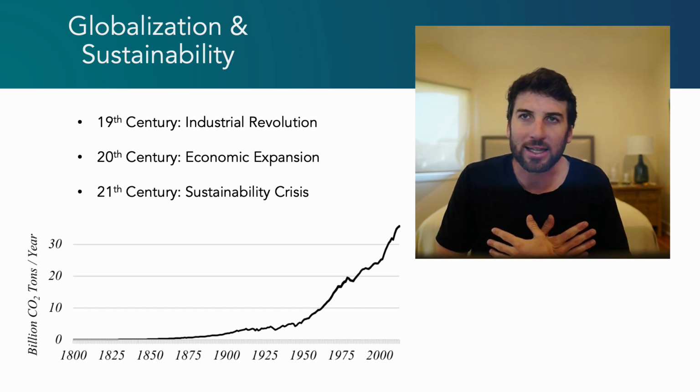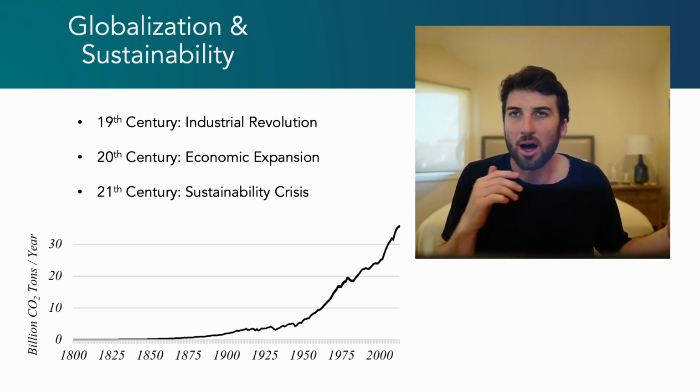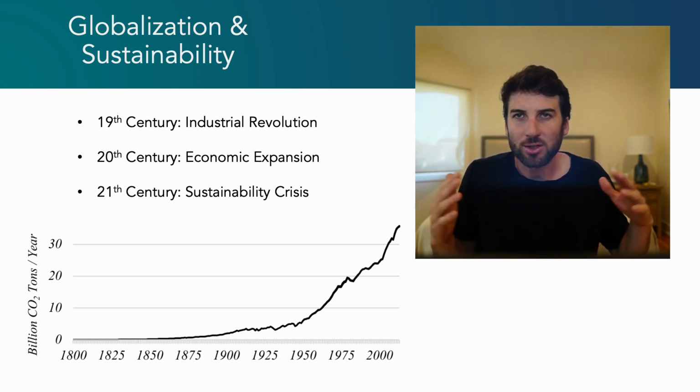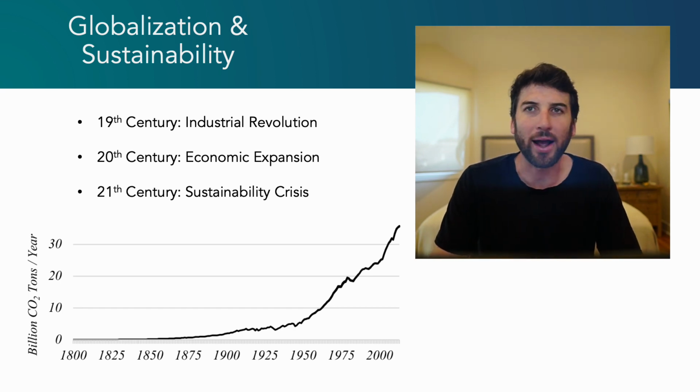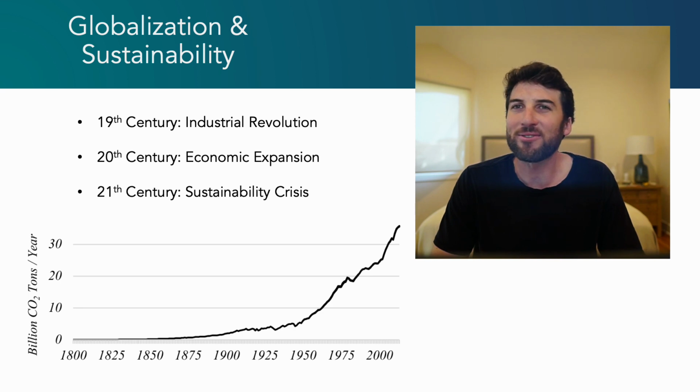And this really led to an expansion of commerce, being able to go across the whole world. And the 20th century saw a lot more economic expansion, a lot more growth, a huge population growth. A lot of this was fueled by Newtonian physics in a way, right?